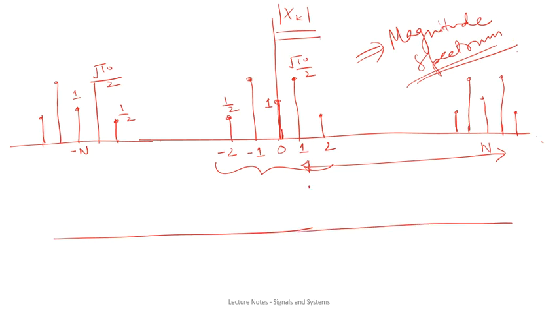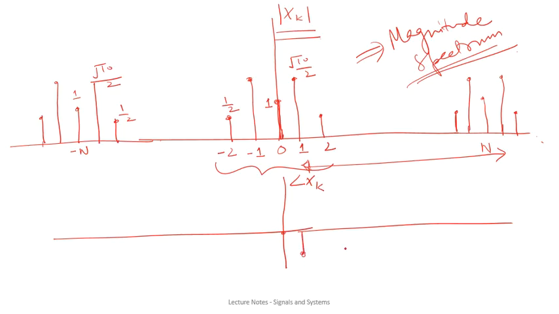So similarly you can also plot the phase spectrum for it. Okay, so let us just draw the phase spectrum, that is angle. Since x0's angle is 0, there will be no value here. x1 is minus tan inverse of 1 by 3, so whatever value it comes out to be, it will be in negative direction.